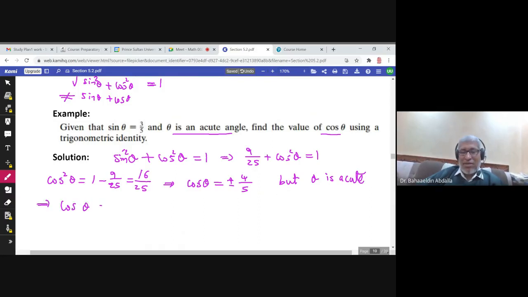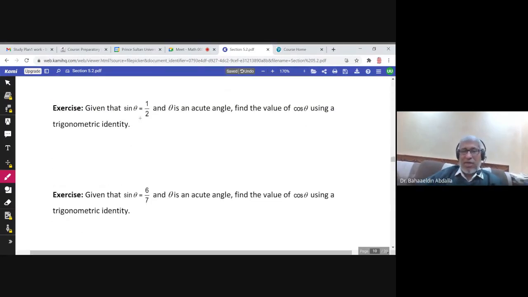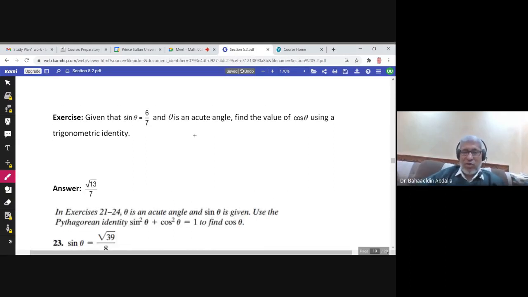We cannot say it is negative. If theta is acute in a triangle, cosine is the length of the adjacent over the hypotenuse, so it is positive. You choose the positive value, and cosine theta is 4 over 5. Similar question: sine is given, theta is acute, find cosine. Please solve this one. Another one, solve also this one, and that's the answer.